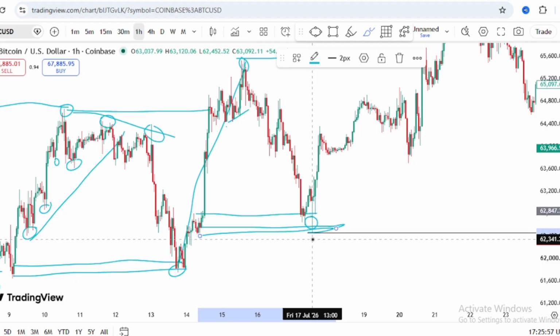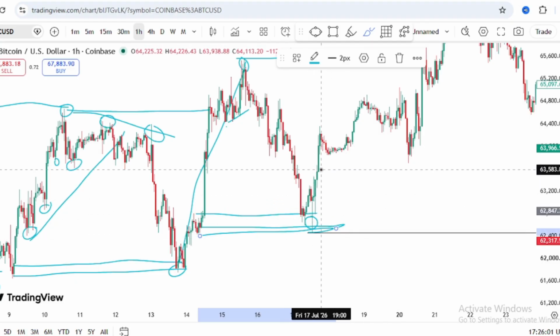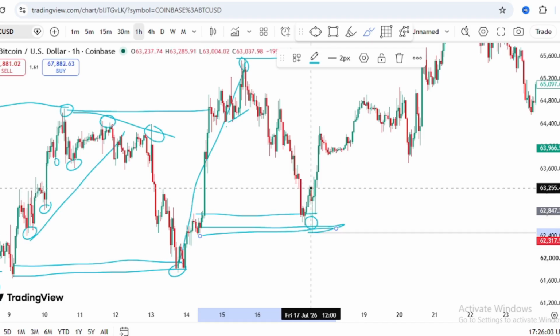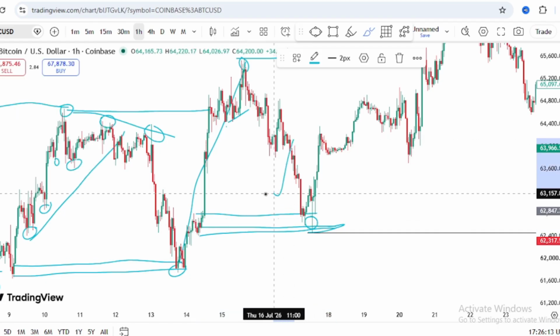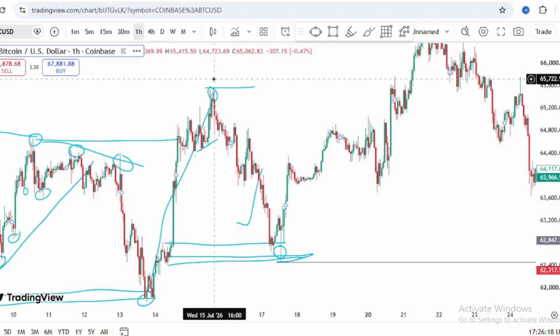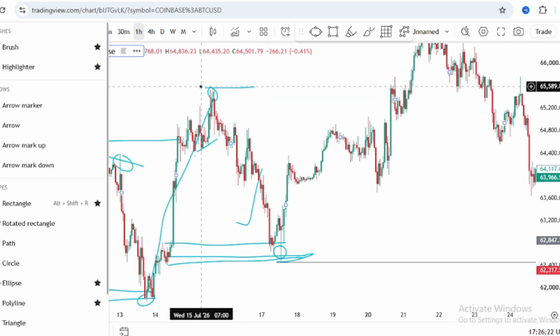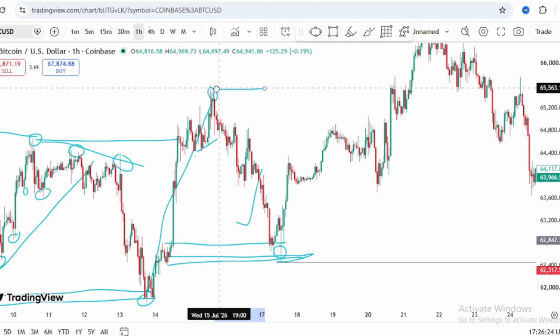When it got to this block, you can see that market pushed back aggressively and there is displacement. So once we confirm this, we can then enter the market here and target the next swing high, which is here.